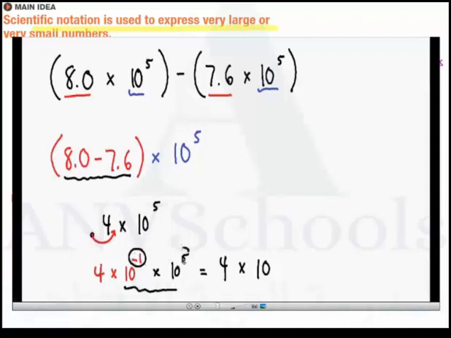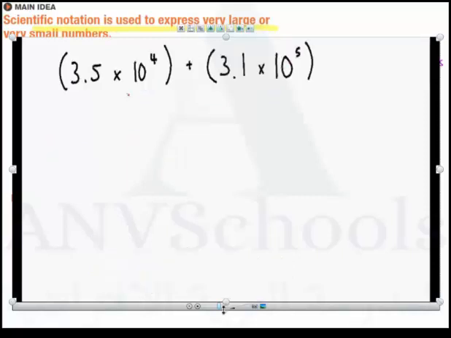So negative 1 plus 5 will give you positive 4, and that will be the answer.